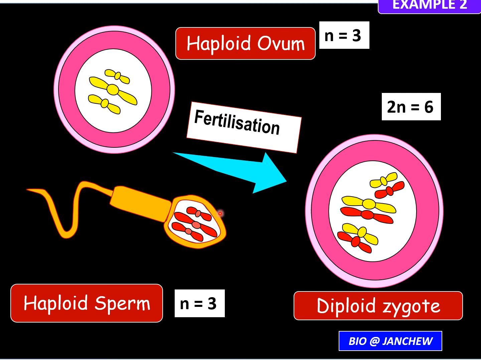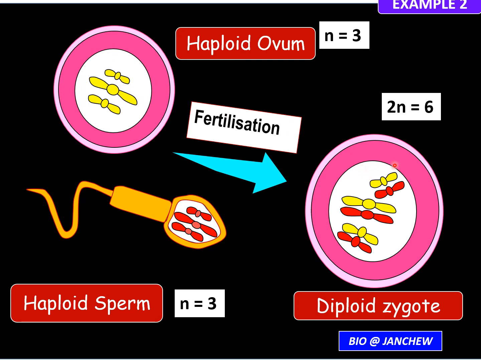Now, in fertilization, the ovum and the sperm will fuse together, and this will ensure that the zygote formed has the diploid number of chromosomes, because the 2 sets of chromosomes will combine together in the nucleus of the zygote, and therefore the zygote is a diploid cell, where 2n equals 6, as shown here, due to the combination of chromosomes from the haploid sperm and the chromosomes from the haploid ovum.